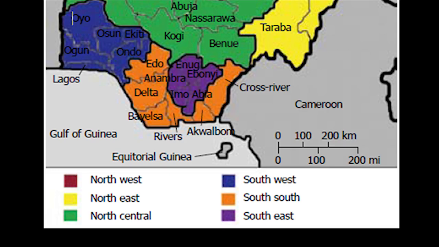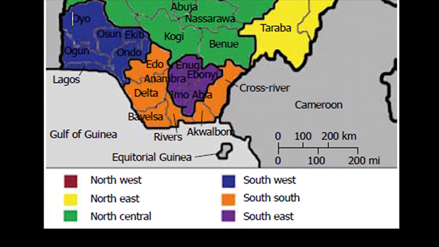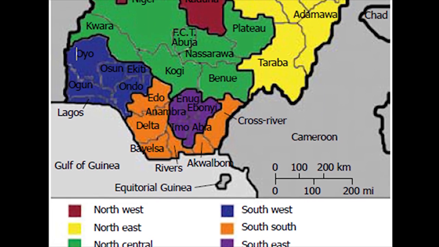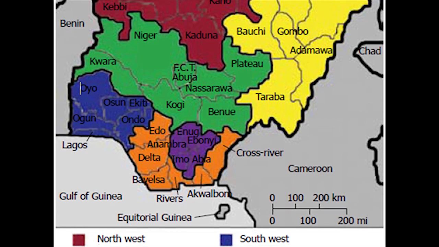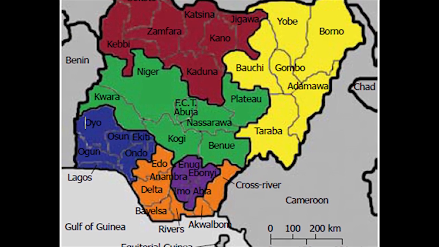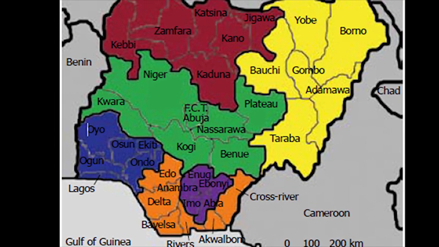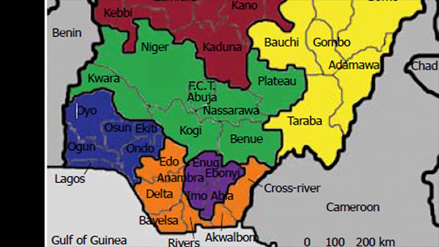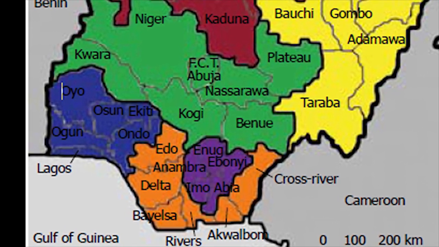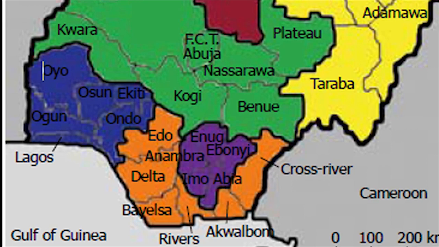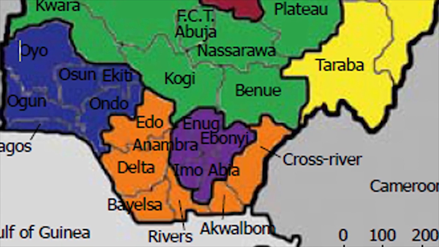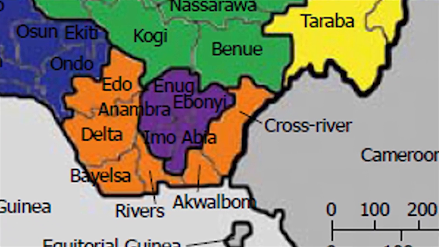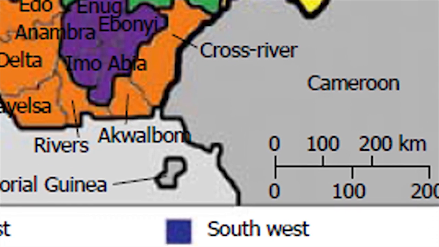Geopolitical zones in Nigeria. There are 6 geopolitical zones in Nigeria, and they are located in the 3 geographical zones. In the coastal region, we have basically the states of Cross River, Bayelsa, Edo, Delta, and Akwa Ibom.